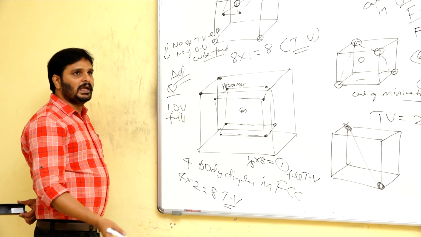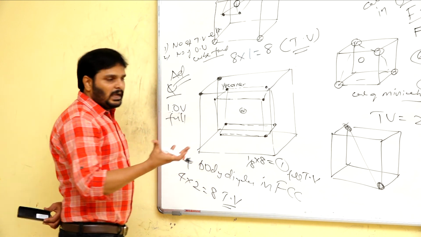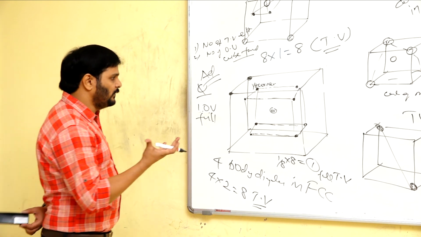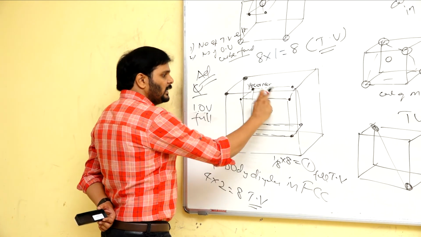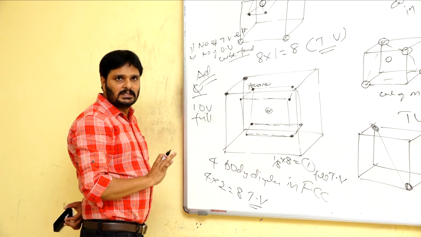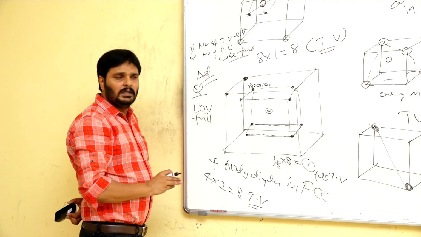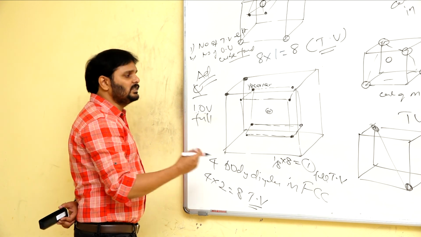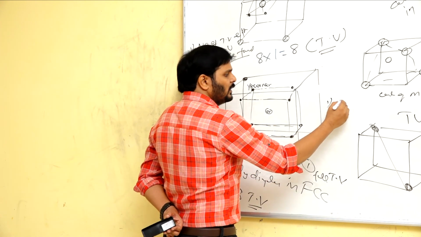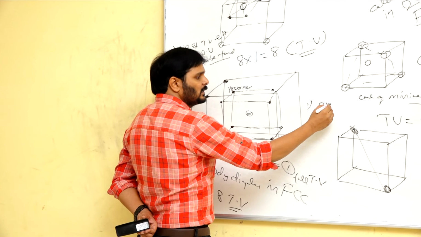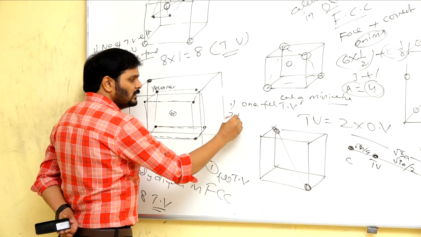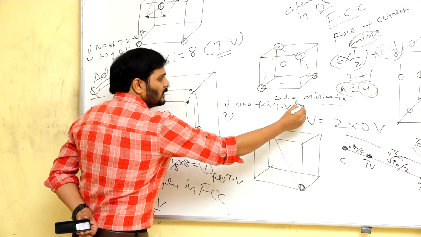So you may get a question like this. A new cube is formed. They may ask: a new cube has been formed by joining all tetrahedral voids in an FCC unit cell. Find which is the correct statement. Option 1: the newly formed cube has one full tetrahedral void only.